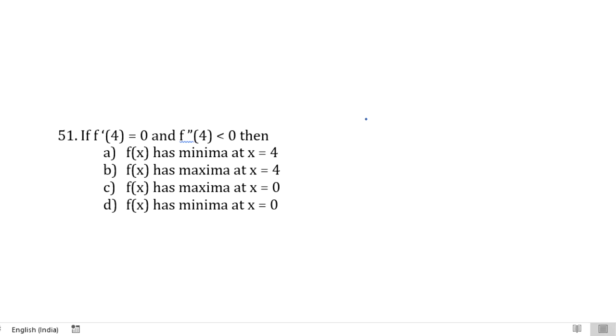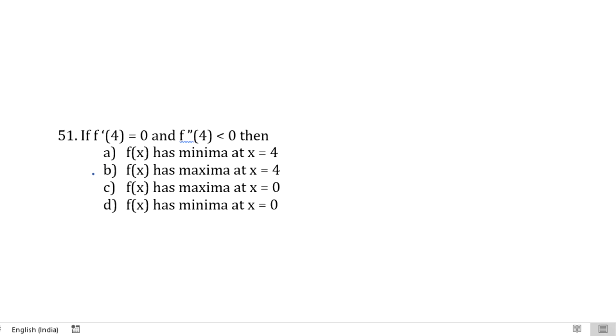At the value of x which we have obtained when we solve f dash x, the first order derivative, equal to 0. So the first order derivative is equal to 0 at what point? f dash 4. It means f(x), the given function, has maxima at x is equal to 4.